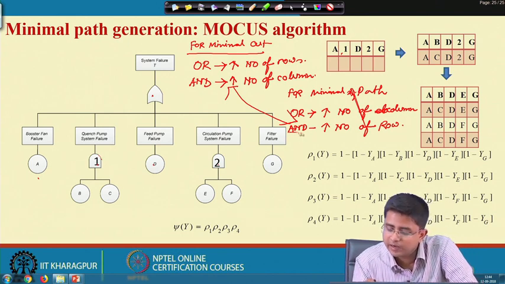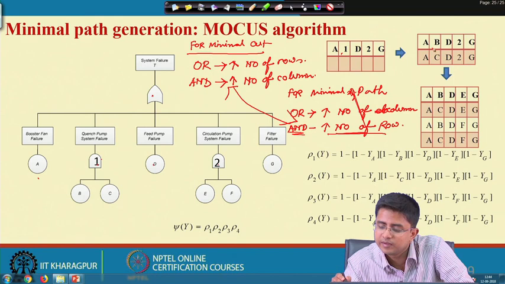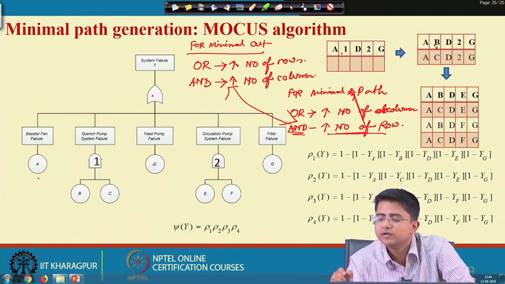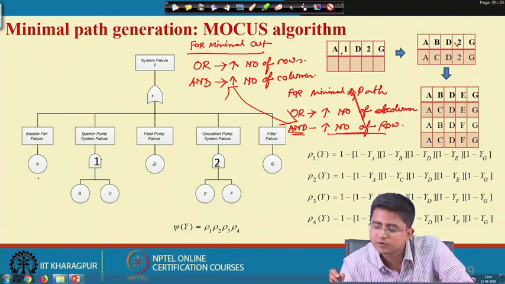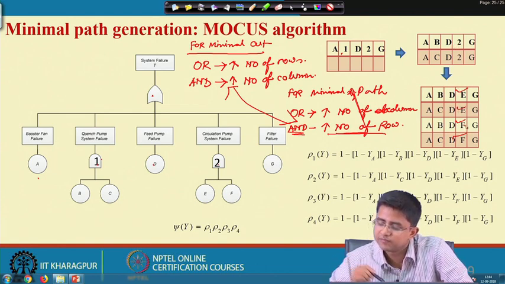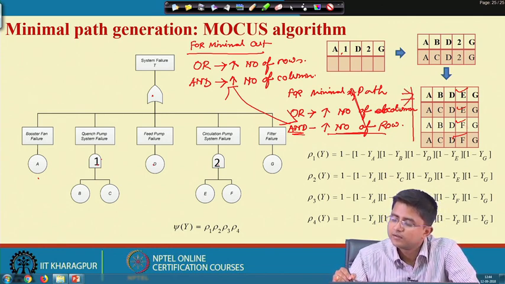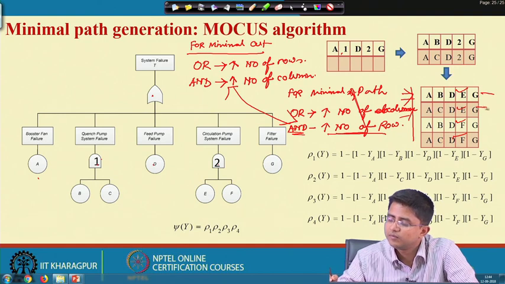So, for an AND gate we have to increase the rows. For 1 we have written A, B and C, so we have increased the rows. Then for 2 we have written E, F. In this manner you will get the path sets. So, these are all the path sets.